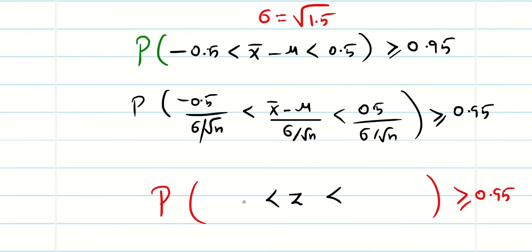If I calculate, this root n will come to the numerator. You calculate the approximate value using your calculator. It is going to be 0.4082.